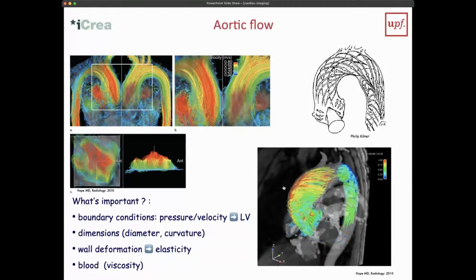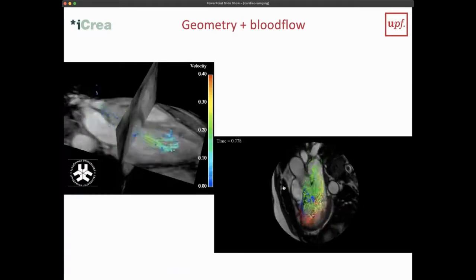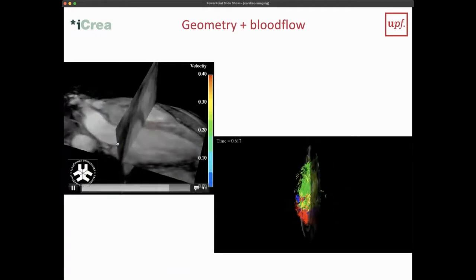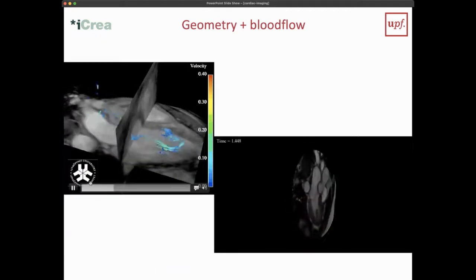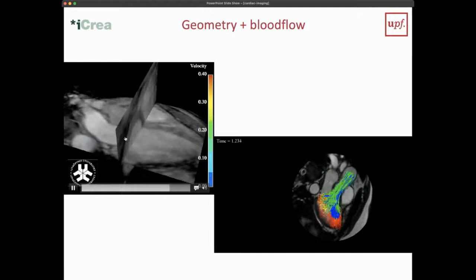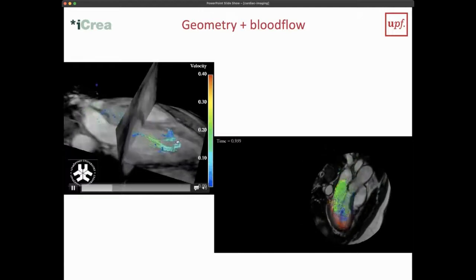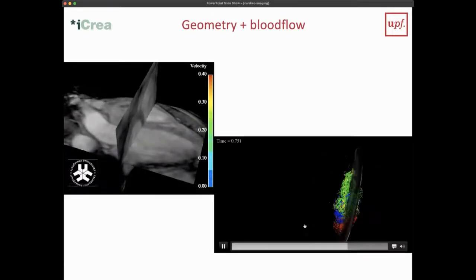And so by studying this and how this changes with different pathologies, you can try to understand better some of the remodeling and potentially even infer some inefficiencies in the heart. And here's an example of doing the full analysis of the flow through the heart. So you nicely see how flow comes in, then whirls around, spirals around, and then goes out.